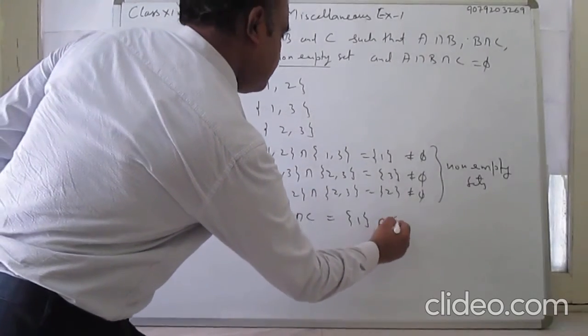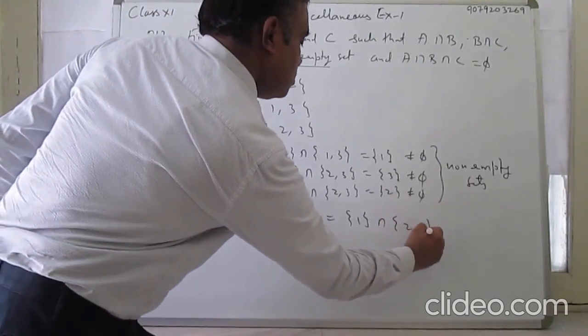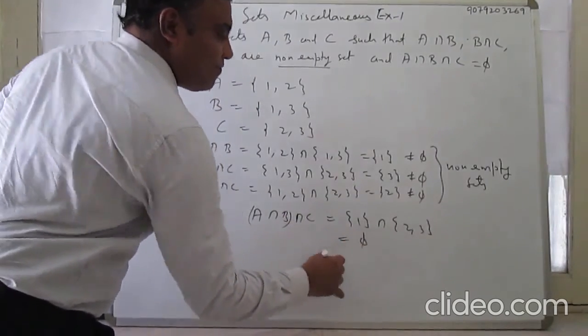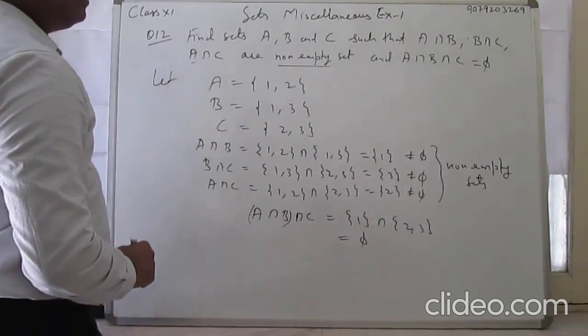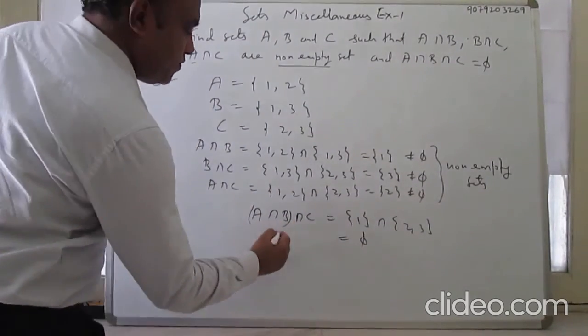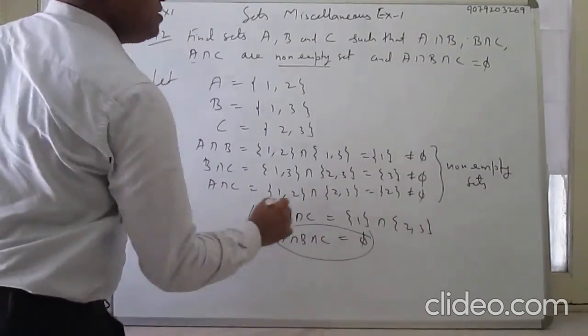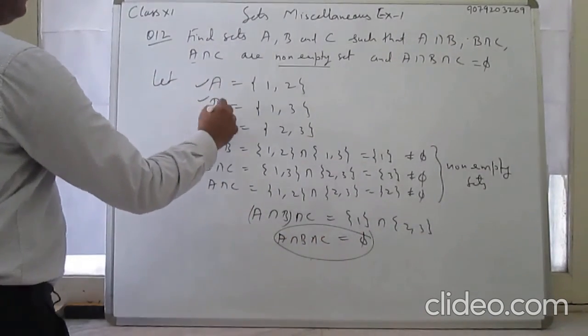Intersection C, which is {2, 3}, so {1} intersection {2, 3} is equal to the null set. There is no common element. We can say that A intersection B intersection C is equal to the null set. So these are the three sets.